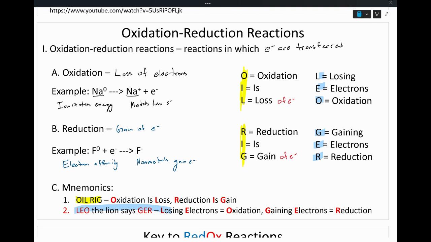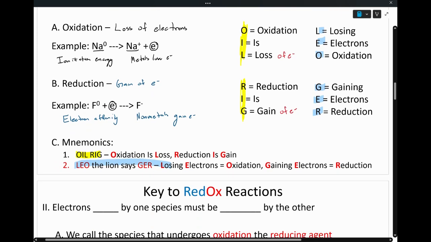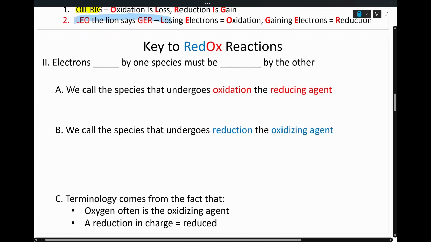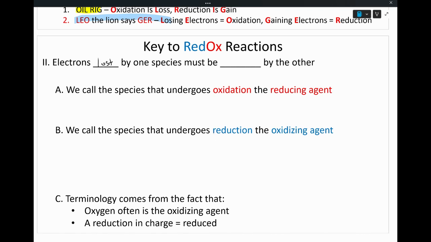But you can see that if one step of oxidation reduction is the loss of electrons, one step is gaining them. As you might imagine, what's going to happen is that those electrons are simply going to be exchanged. So we're going to see that electrons lost by one species must be gained by another. They're not just going to float out into the ether. They're going to be captured as they're lost.